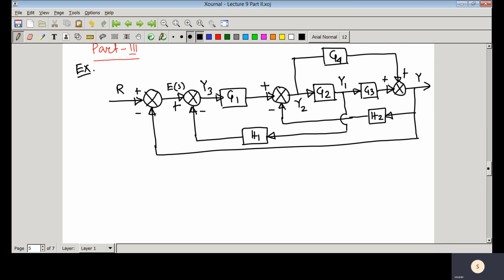That means whenever a block diagram is given to you, how can you draw the signal flow graph? You know that in a signal flow graph all variables are represented by nodes.